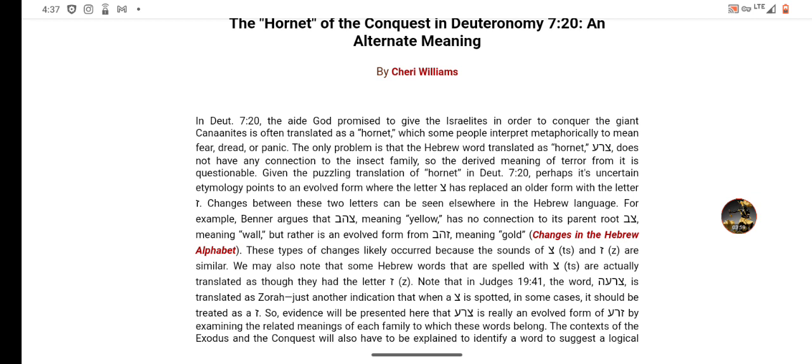All they did was switch letters and languages. That's all. It's a word game. But rather it is an involved form from these group of letters, meaning gold, you see? And you can see this when you dig on the Paleo Hebrew, especially when you're going into Strong's Concordance, right?